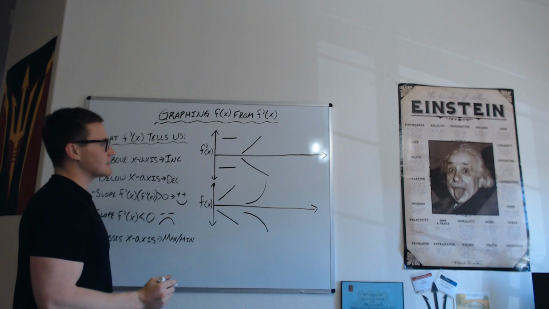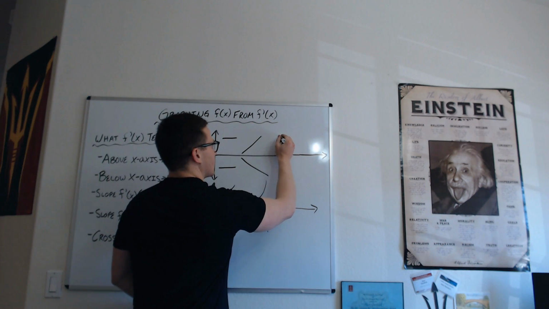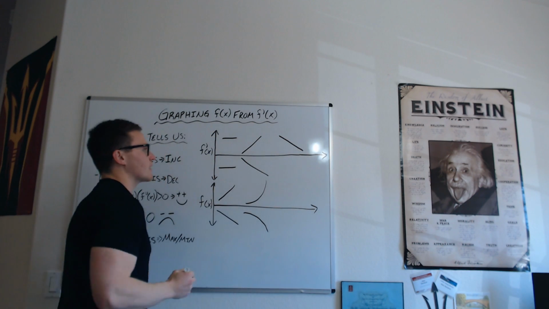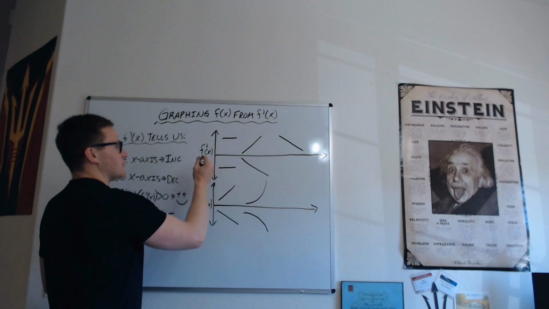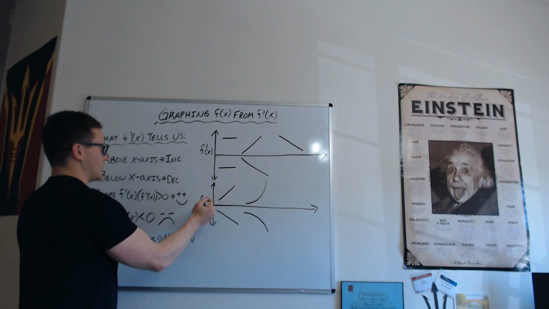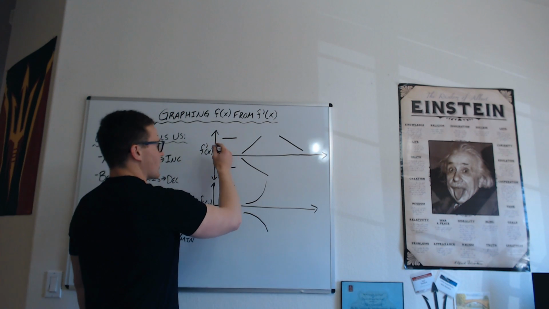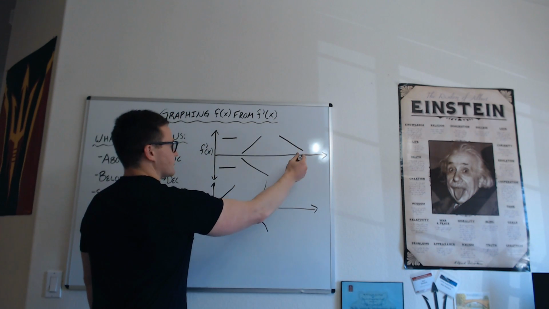Okay, so the next case is if I have something that looks like this. So now f prime of x is above the x-axis, so my function is going to be increasing. But if I look at this, the rate at which I'm increasing is decreasing.